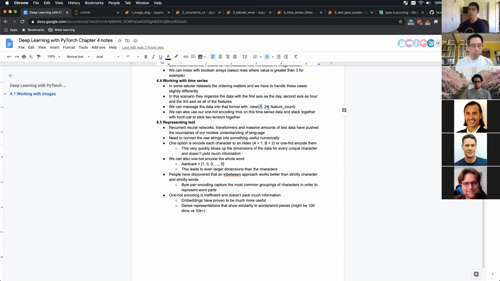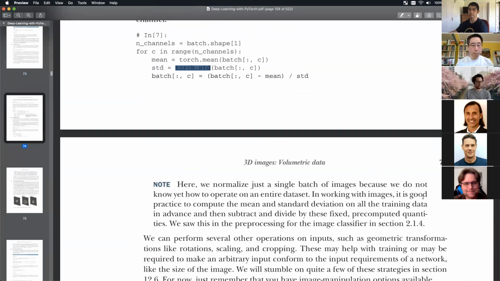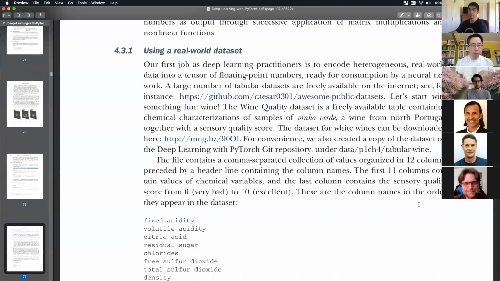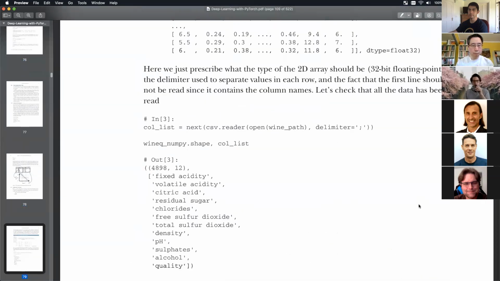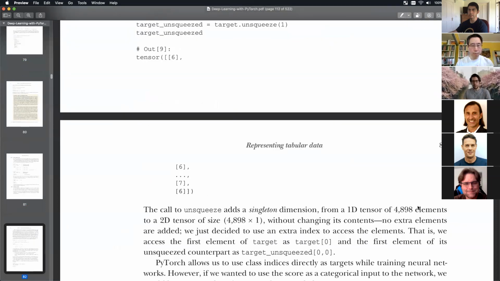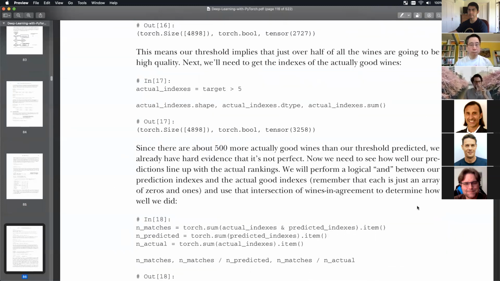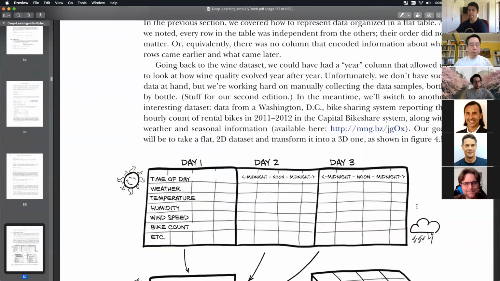And this is kind of hard to visualize as a spreadsheet, but in terms of a NumPy array, it looks, hopefully they have a visualization.